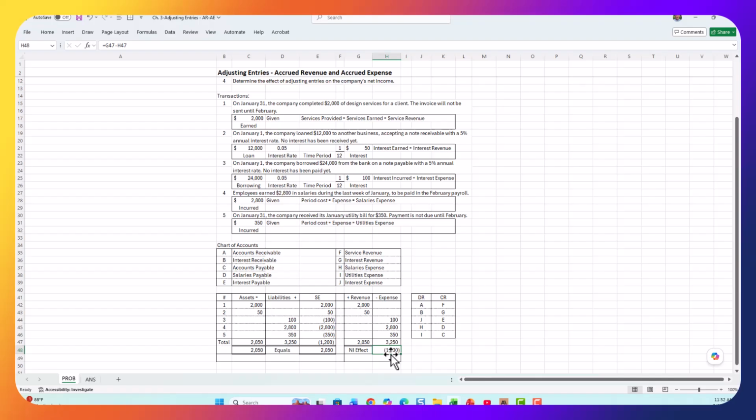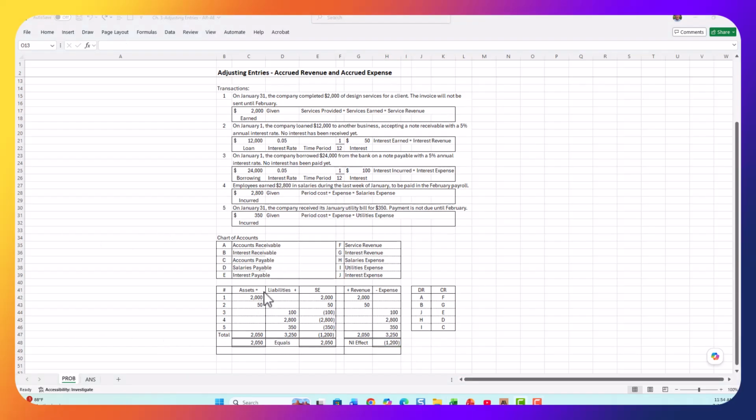That negative $1,200 is the same amount of change in stockholders' equity. Had we not done these adjusting entries, our net income would have been overstated by that amount.